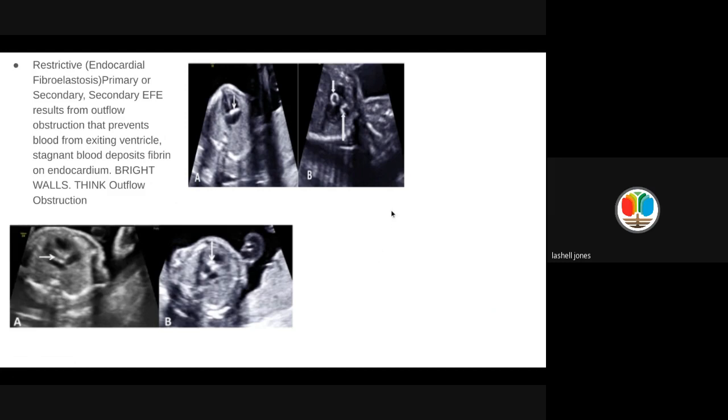So of course, when you think calcifications, you're going to see hyperechogenic areas just throughout. Okay. So if you see bright walls, you want to think that there is some type of outflow obstruction. Okay. Somewhere the blood isn't flowing normally like it should.